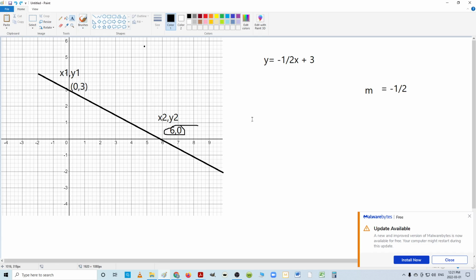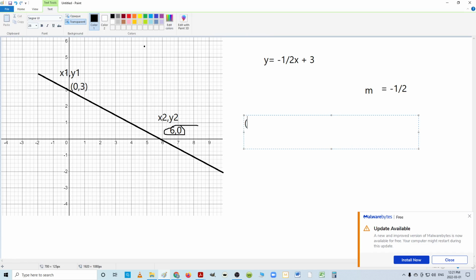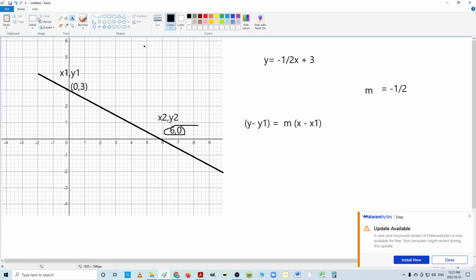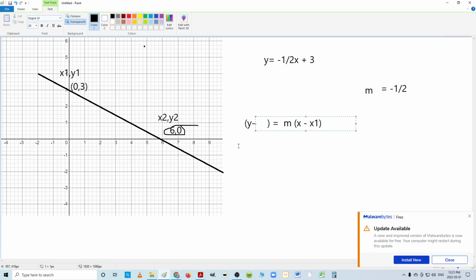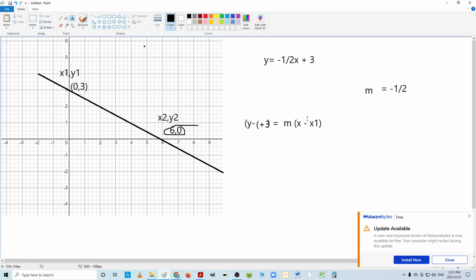I can now take this formula, which is the point-slope formula, and I can use the same values here. So for y1, I can see it's positive 3. Be careful, because if it was negative 3, it's going to be minus 3. So you've got to use the exact values that are there. And the x1 is clearly 0.